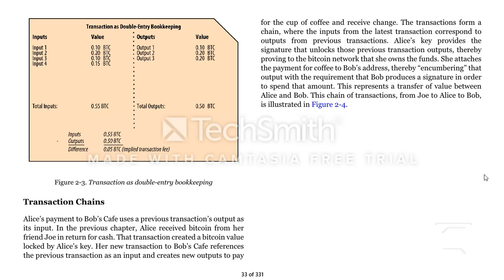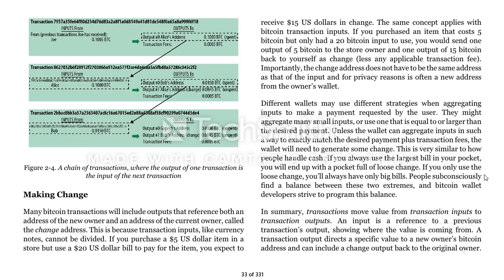This represents a transfer of value between Alice and Bob. This chain of transactions, from Joe to Alice to Bob, is illustrated in Figure 2-4. Figure 2-4. A chain of transactions, where the output of one transaction is the input of the next transaction.